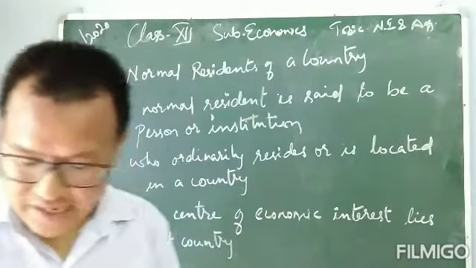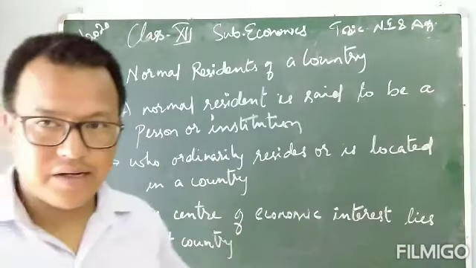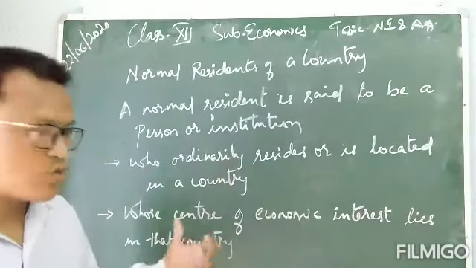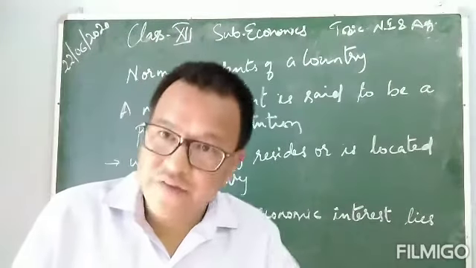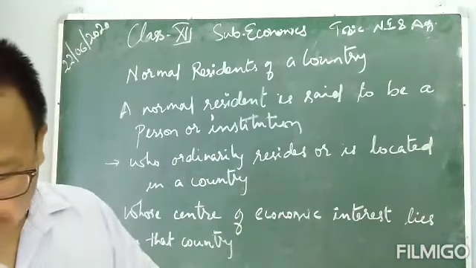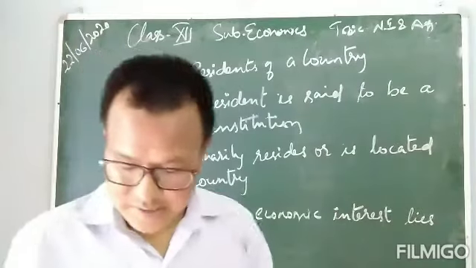And second, their center of interest should be on the economic activities of that country. Then that person or institution will be called a normal resident.